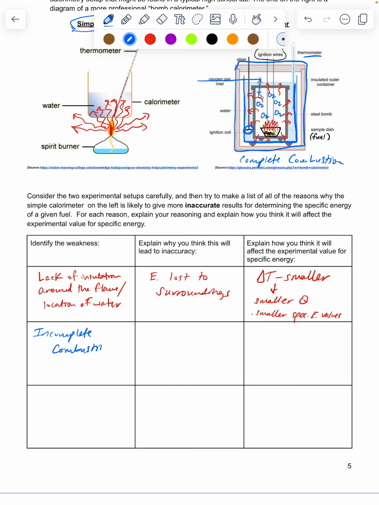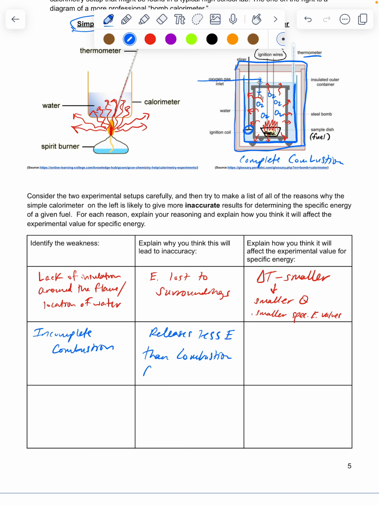Now, the evidence for incomplete combustion is the wavy yellow flame, smoke, and also soot collecting on the underside of a calorimeter. So there's lots of different signs that you could look for in observations. The incomplete combustion releases less energy than complete combustion.